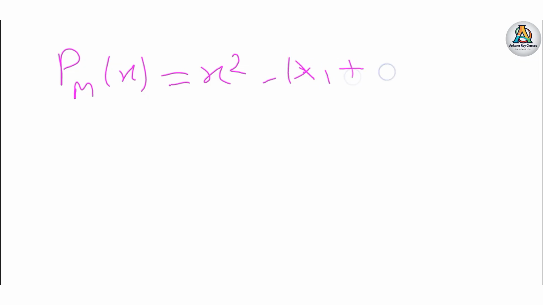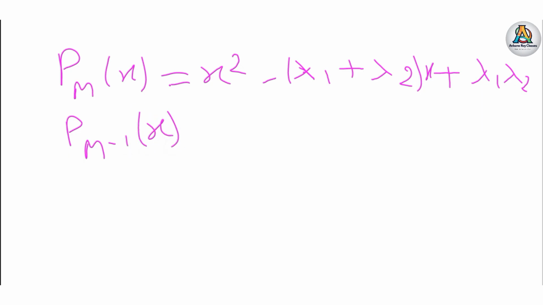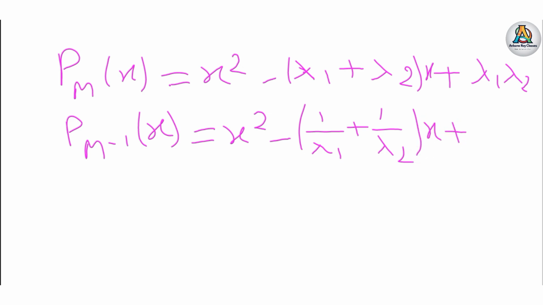Now the characteristic polynomial of M, P_M(x), is equal to x square minus (lambda 1 plus lambda 2) into x plus lambda 1 lambda 2, and P_M inverse(x), that is the characteristic polynomial of M inverse, is equal to x square minus (1 by lambda 1 plus 1 by lambda 2) into x plus 1 by lambda 1 into lambda 2.